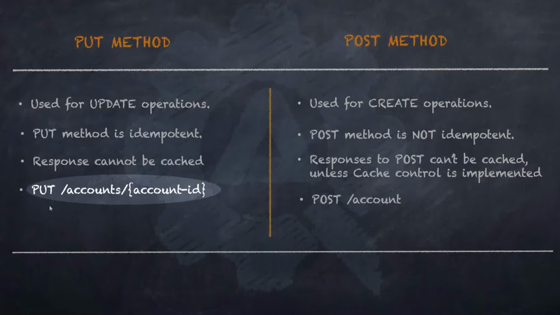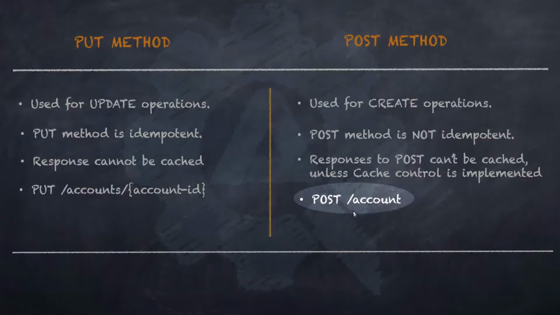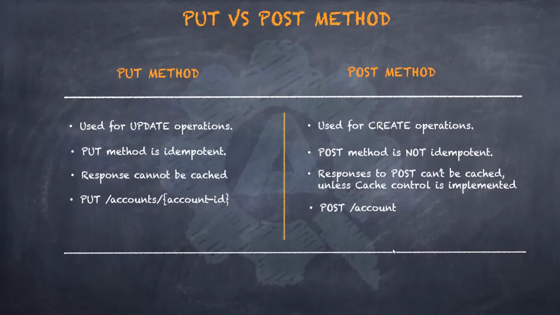In the PUT method, the method PUT is specified along with the URI and the respective ID to which modification is to be done. But so is not the case with POST method. In the endpoint you see here, the POST method along with the respective URI is mentioned and no specific ID is mentioned, as we are engaging in the operation of creation of the respective ID itself when we are engaging in a POST method. So these are the differences between PUT method and POST method.